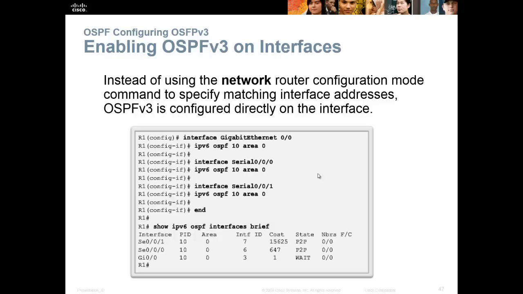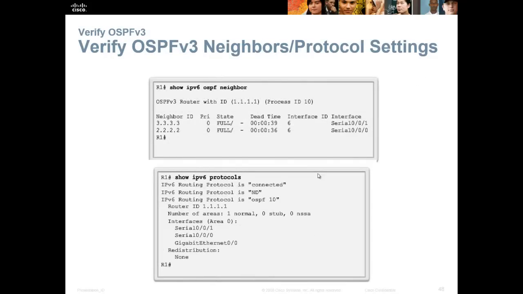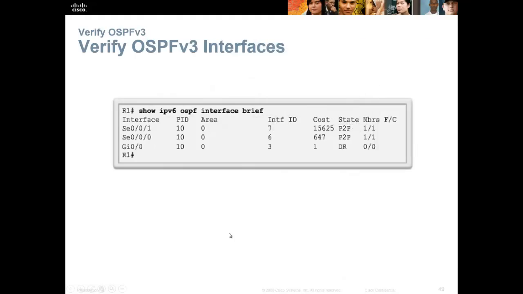All right, so then to verify your stuff, show IPv6 OSPF neighbor. Again, you want to look at the state to make sure it's full. Show IPv6 protocols shows you your router ID, what networks you're advertising, or what interfaces are participating in those networks. Show IPv6 OSPF interface brief will show you what interfaces you've got configured.